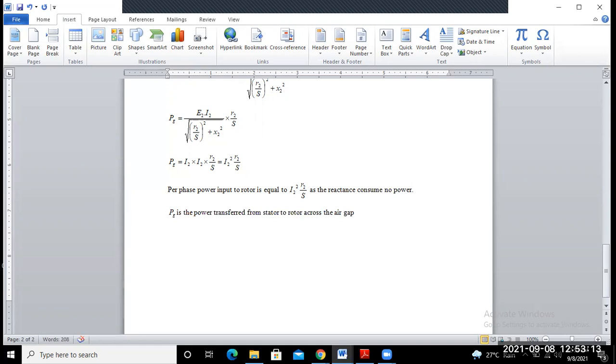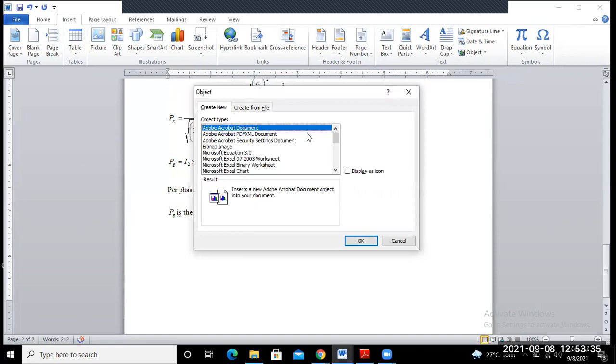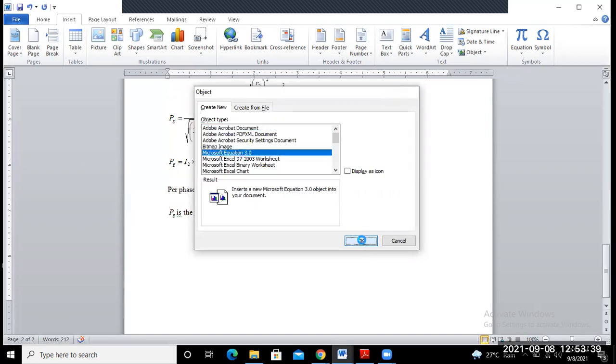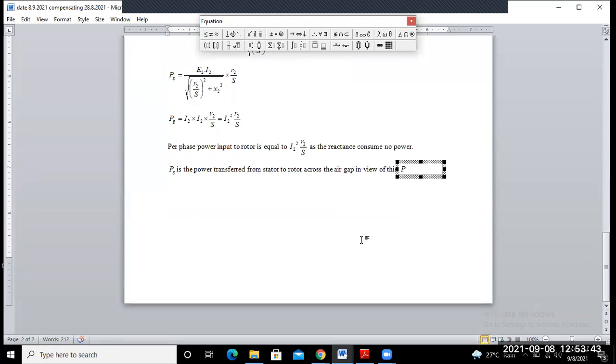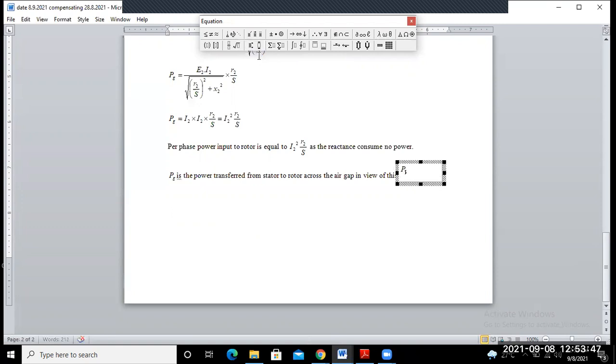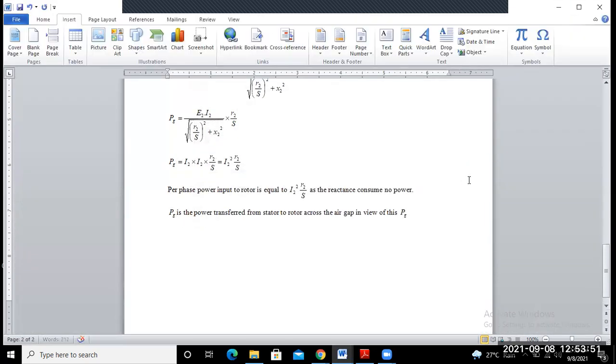In view of this, PG is called the air gap power also.